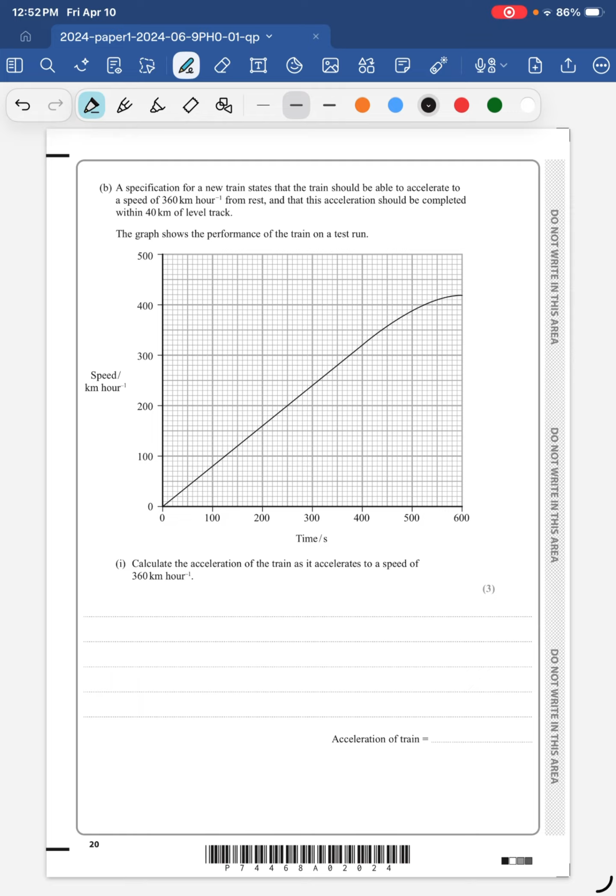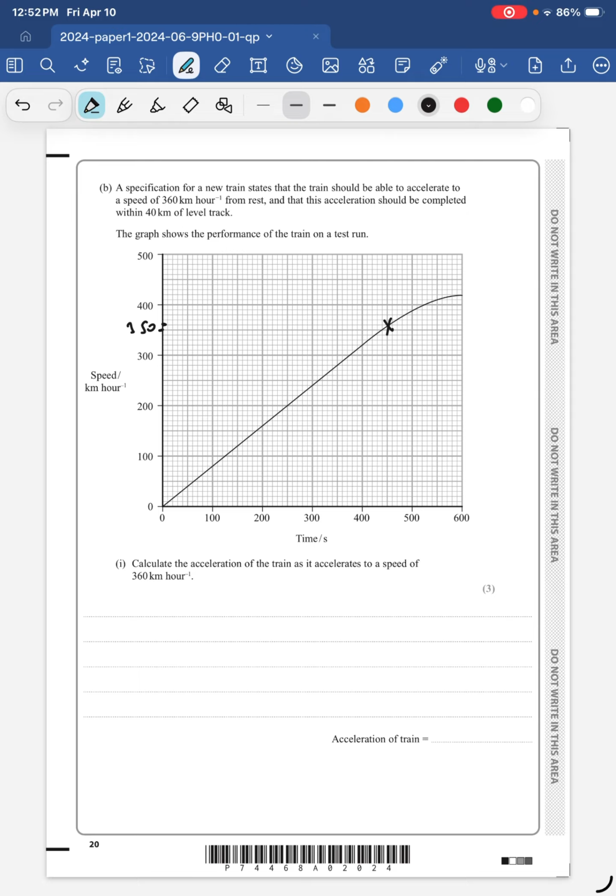Question I. Calculate the acceleration of the train as it accelerates to a speed of 360 kilometers per hour. You can see that the acceleration is constant up to 360, which is the next box over here, that point over there.